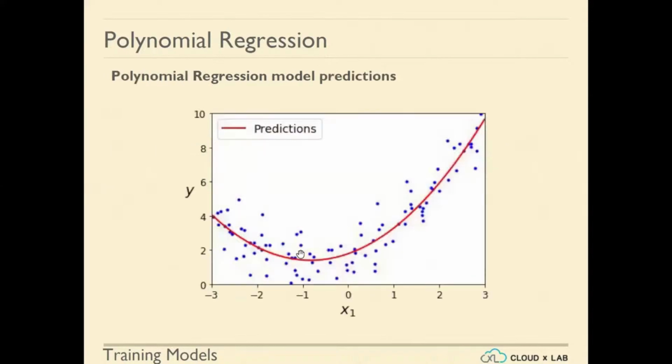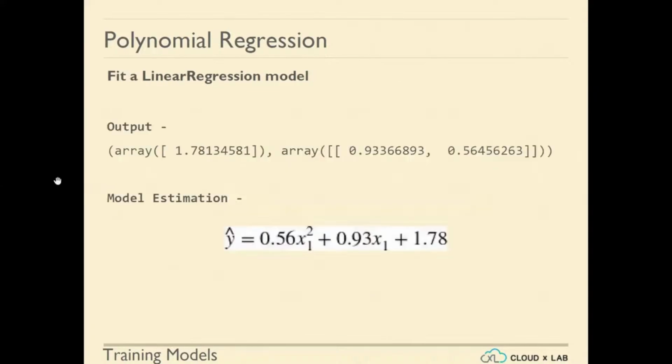Okay, so here, if you add a degree 2 polynomial term, then you end up learning this type of model. Now these optimal weights, 0.56, 0.93, and 1.78, we will get using optimization.